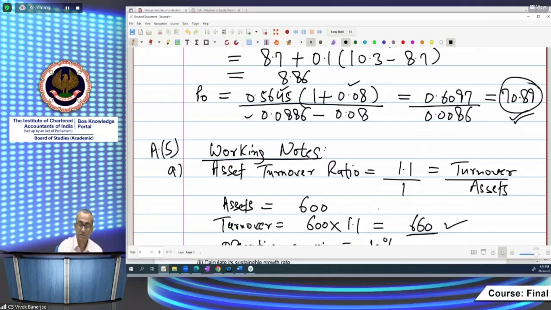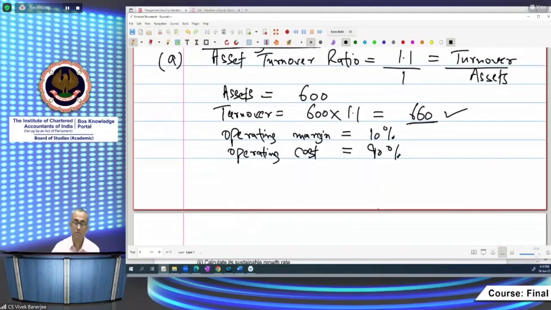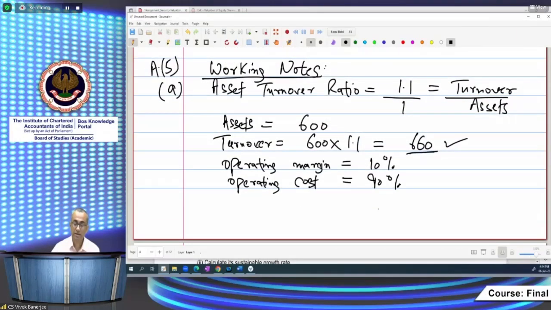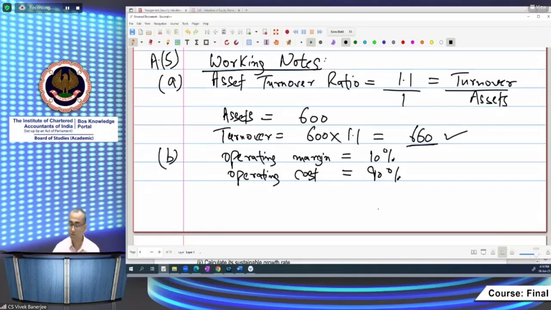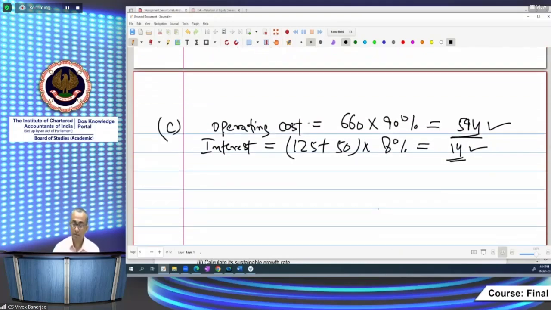I will give this A, B, C, for the sake of clarity, because the first point is Roman 1. A, asset turnover ratio, we have calculated for the sales figure. Then B, we have calculated the operating cost, and C, we have calculated this interest. Now come to the income statement.